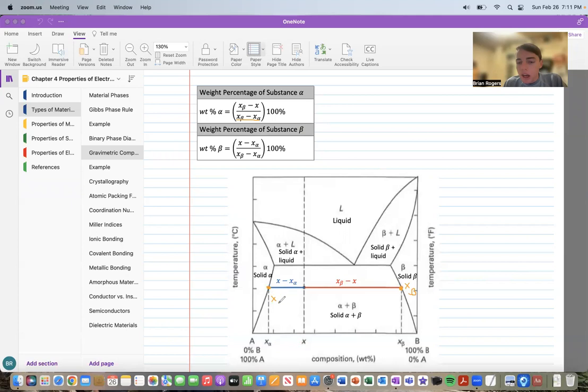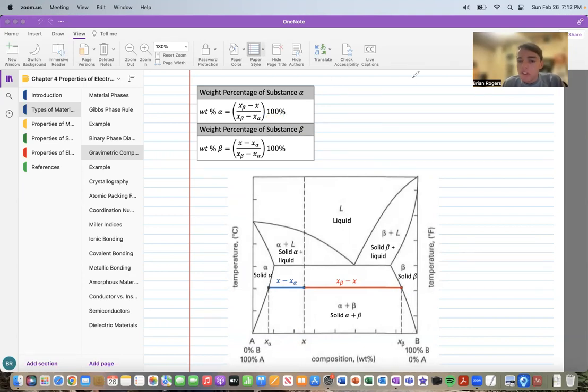So you would calculate the difference: it's this entire line from x of beta going to x of alpha. That is what would be in your denominator, times 100. And that is going to determine what percentage of substance alpha you have.